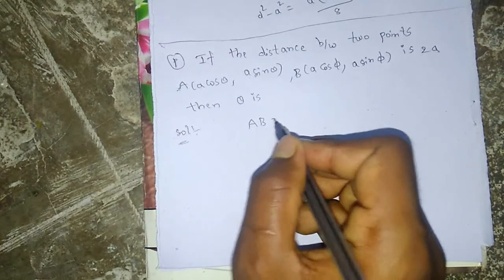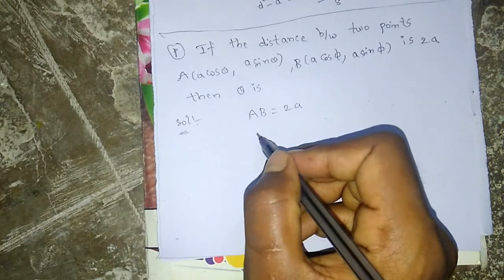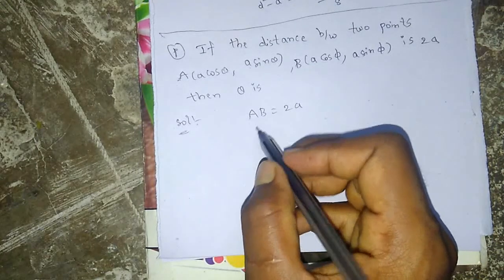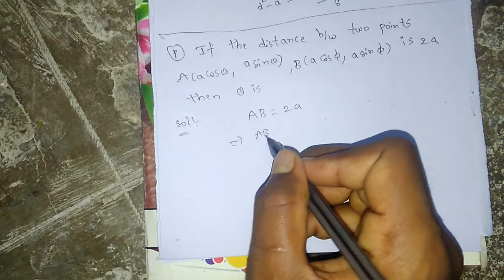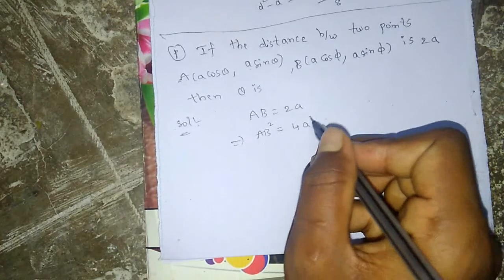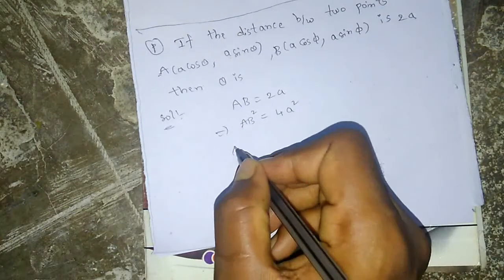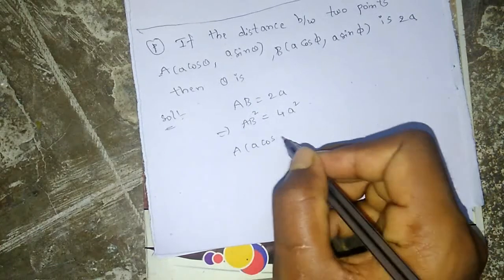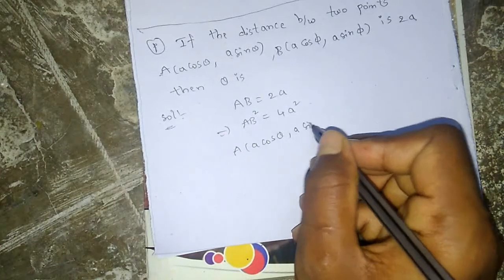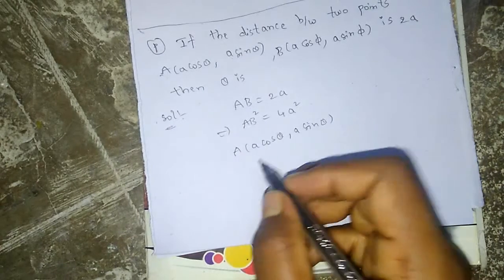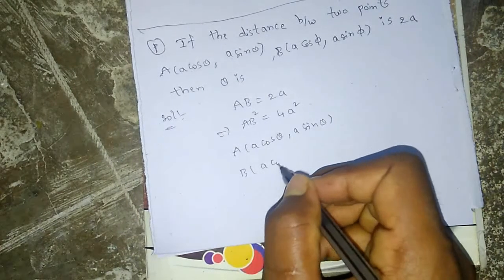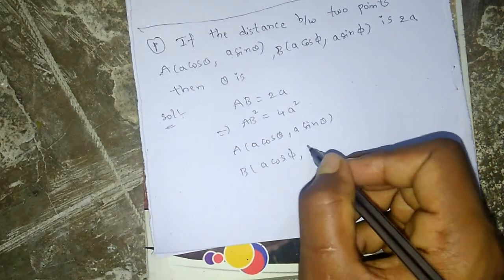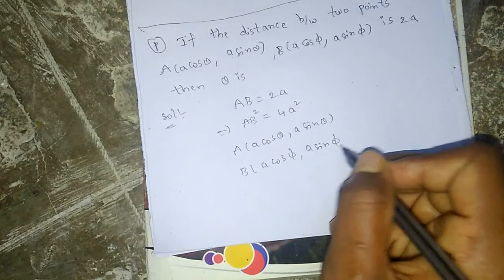Here AB is given as 2a, implies AB square is equal to 4a square. Here A is given as (a cos theta, a sin theta) and B is given as (a cos phi, a sin phi).